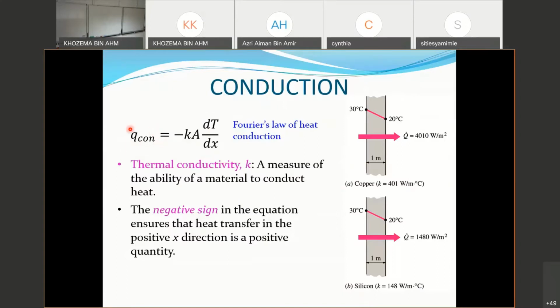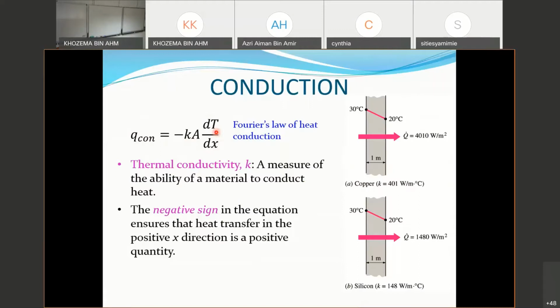The unit for Q is watt, or joule per second. The unit for K can be watt per meter degree Celsius or watt per meter Kelvin. The unit of A will be the unit of area, which is meter squared. Delta T is the unit of temperature.